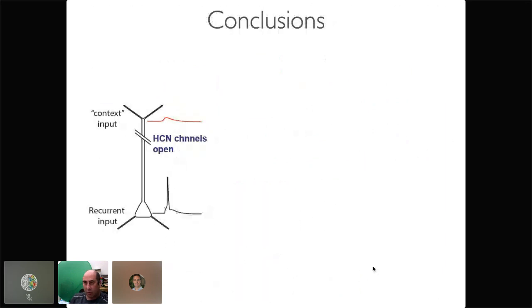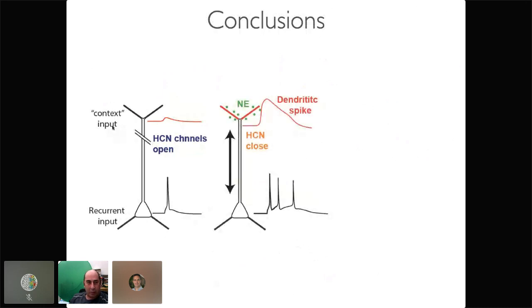Okay, so I just want to conclude now and wrap it up with some demonstration. The idea is that we have the context input coming to the apical dendrite and the recurrent and feed-forward input coming to the proximal region, but they are disconnected from each other because of this IH activity.